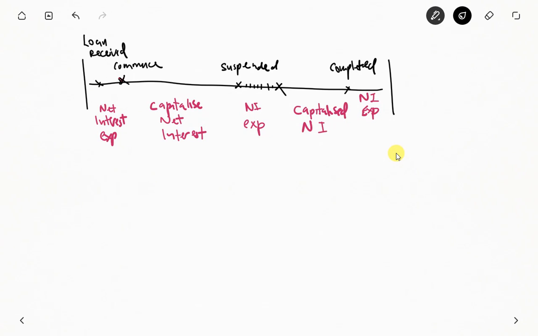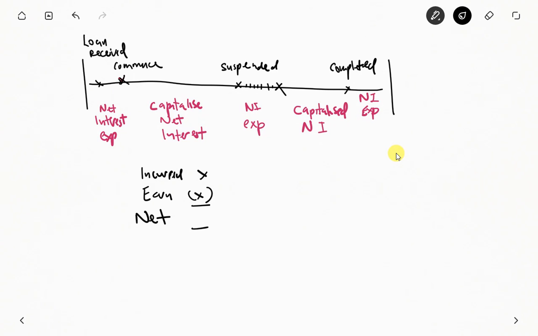Can I use it to earn some interest? Yeah, you can always use it to earn interest. So the interest earned, and the interest incurred, correct or not? You have to pay the bank on the 1 million, and the interest earned, of course, will be lesser. So we capitalize the net interest. That's why we capitalize the net interest.